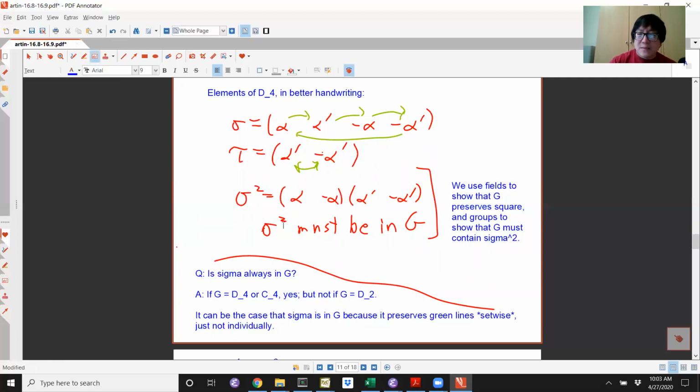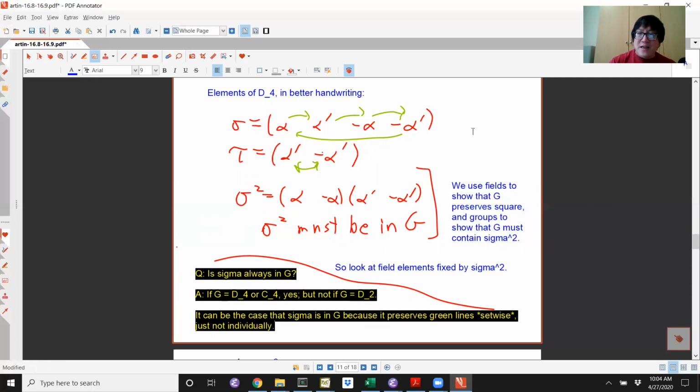It's interesting that sigma squared is always in G. So what we're going to do is look at field elements fixed by sigma squared.